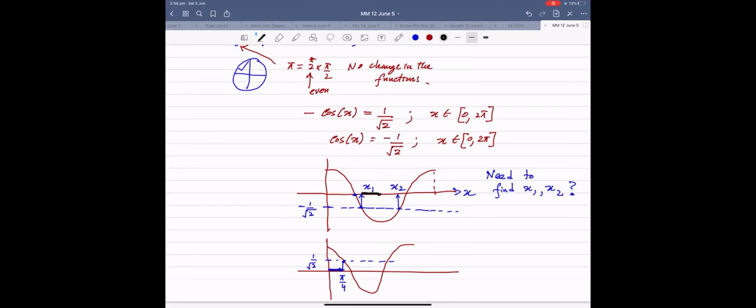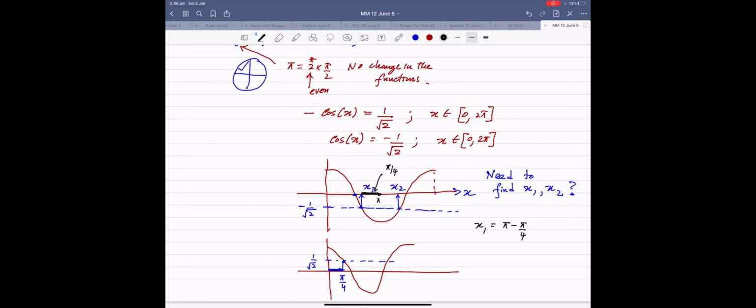Look at the symmetry of the graph. So this distance is pi divided by 4. Now from there you can find x1, which is pi minus pi divided by 4.